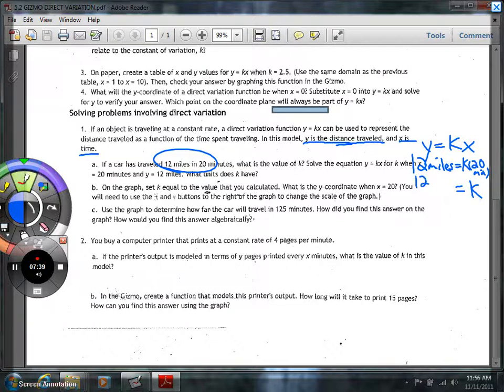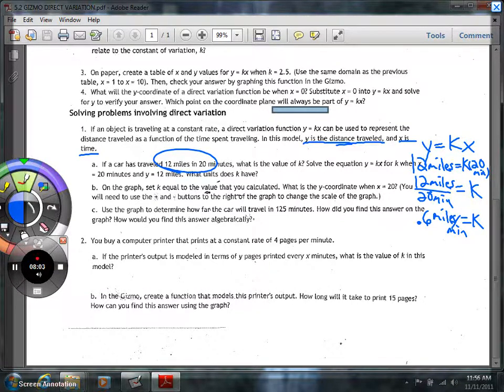So we have 12 miles over 20 minutes. We could reduce that, but I'm going to divide with the calculator and say k equals 0.6 miles per minute. Those are the units.